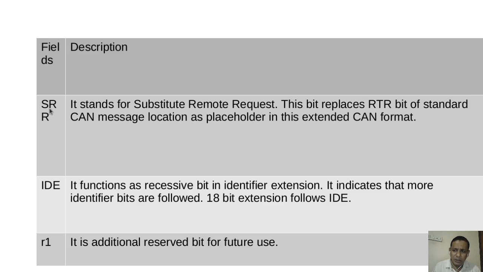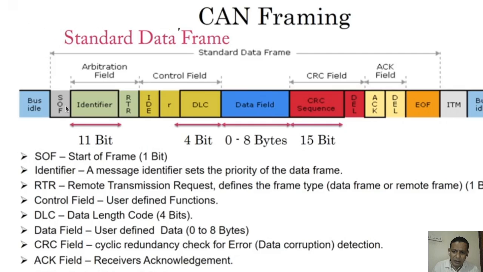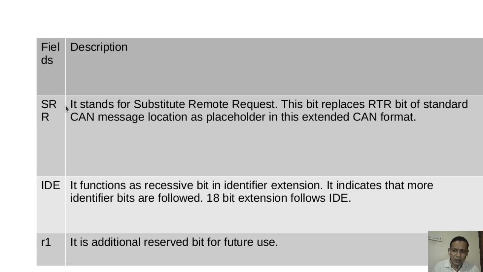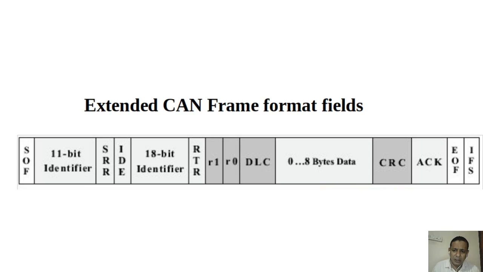You can see here SRR. There was no SRR in the standard frame format. In the place of SRR, it was RTR in the standard frame format. But here RTR is there, but it is at a different position. RTR is here after the 29-bit identifier.